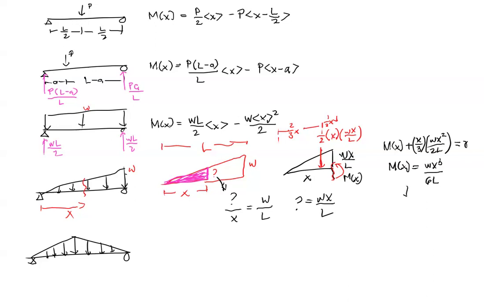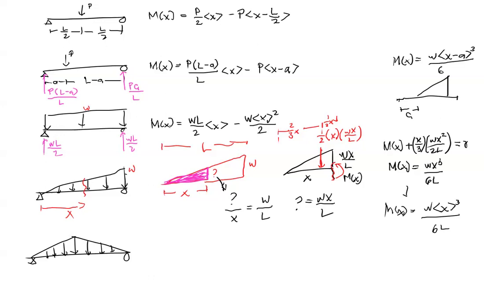Again, kung gagawin natin Macaulay function, gagawin lang natin siya na ganito. Halimbawa, mayroon tayong case na nagsistart siya at some distance a. So, pwede natin gamitin. Ang magiging Macaulay function niya is w(x minus a) cube over 6l.